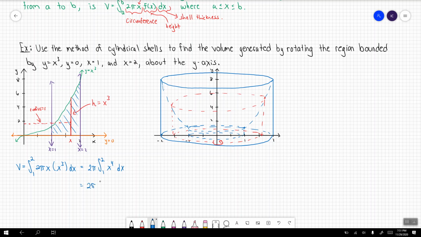When we integrate this, this will be 1/5 x to the 5th, evaluated from 1 to 2. 1/5 is a constant.